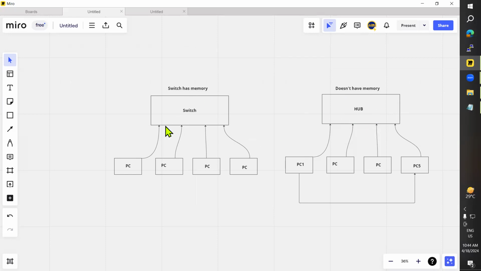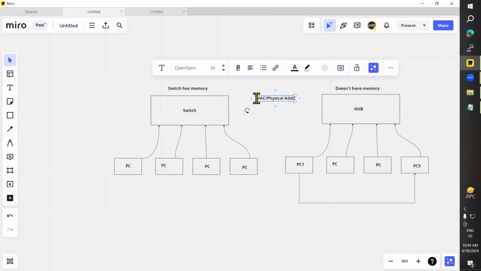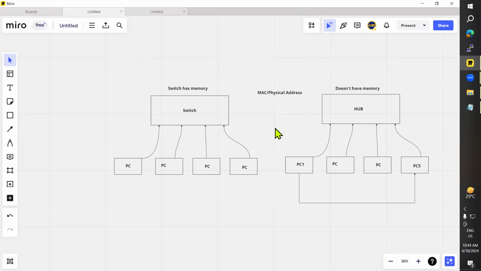But coming to the switch, what does the switch do? The switch grabs all the information, all the MAC addresses, the physical addresses. I already discussed this yesterday. A MAC or physical address is a unique address like our IMEI number.